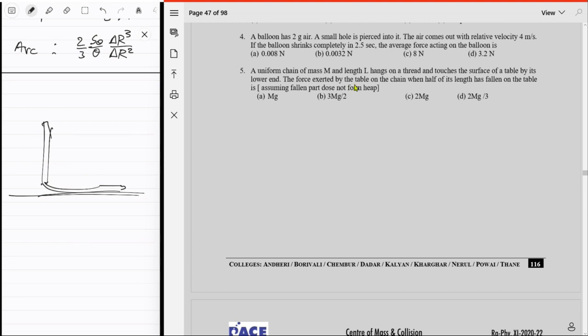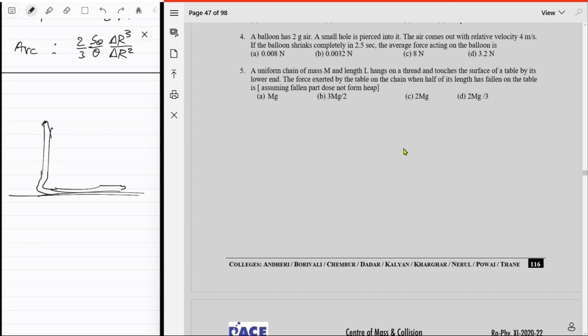By the way, this actually relies on the assumption that this end is in free fall, which is a weird assumption if you ask me. It's not completely obvious at first, but it really is just that. What is actually happening is that this chain is sagging at the end, and that means there's no tension in the chain. And since there's no tension, this part is just falling freely.